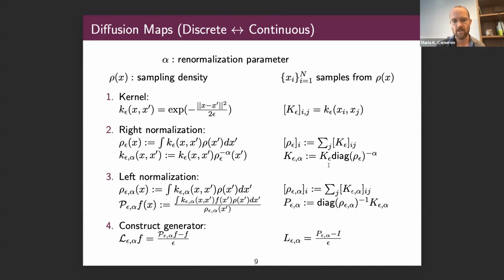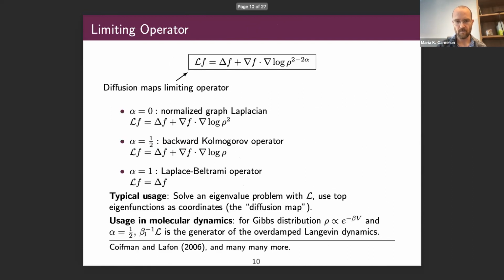This is a right normalization that affects the density that you're going to get in your final matrix applied to data. And then you have left normalization here, which is taking this new kernel you have and turning it into a Markov chain. These, in theory, get these integral operators here when you have enough data points, and because of this Monte Carlo integration here, you can say what's being approximated here.